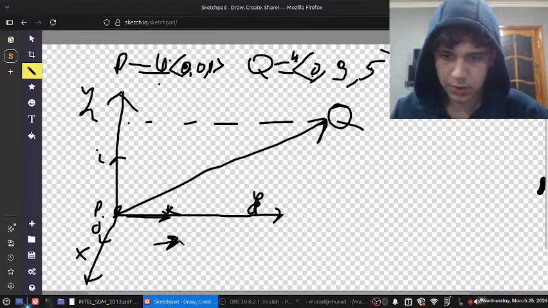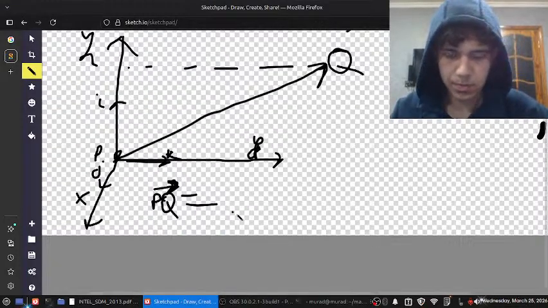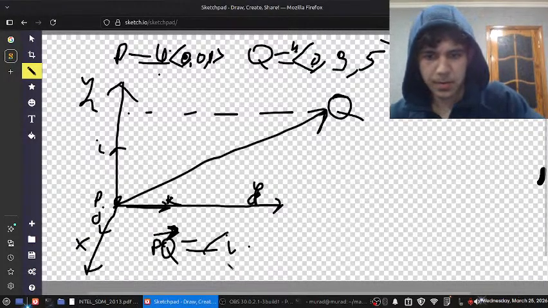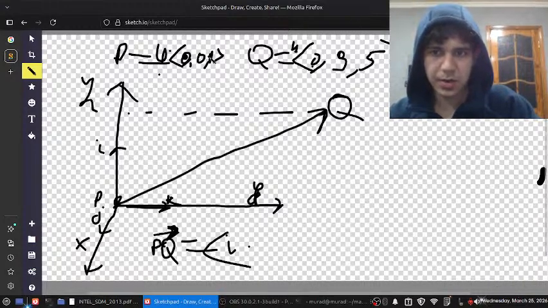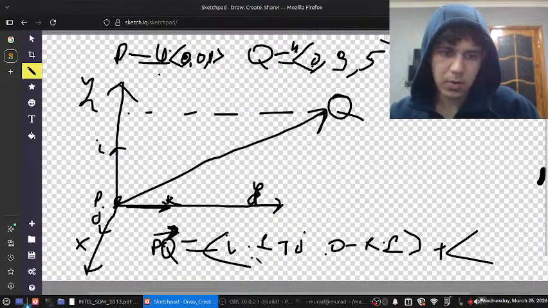Find the lengths of vectors, and you add them.